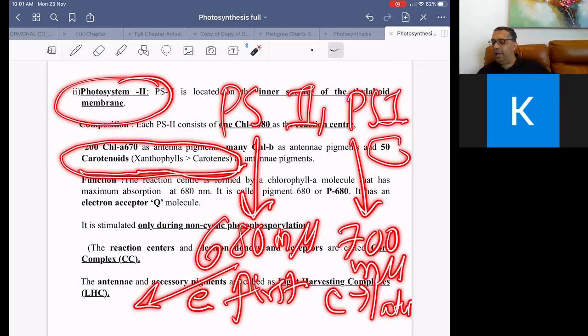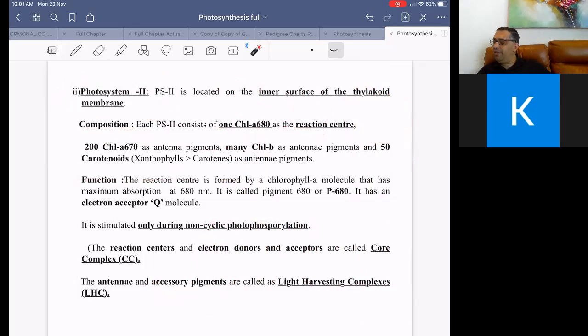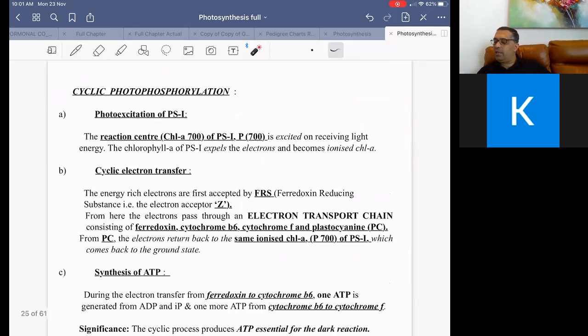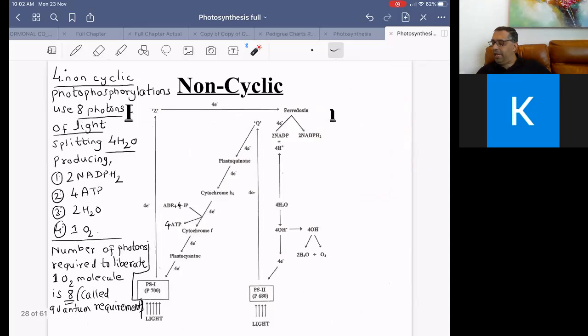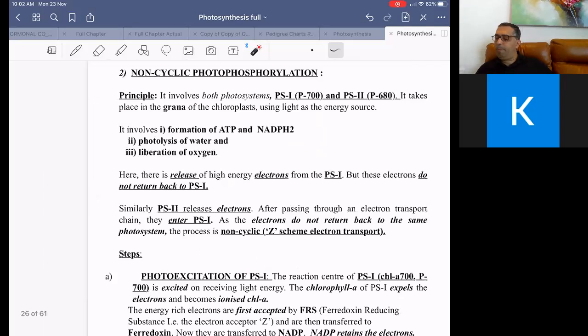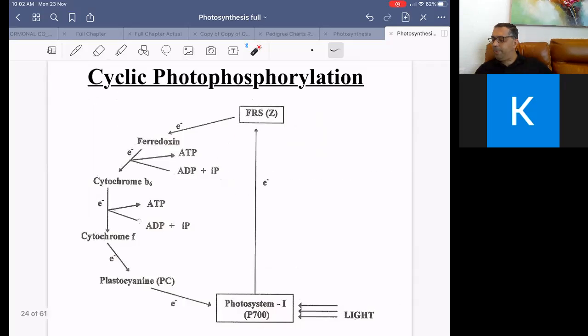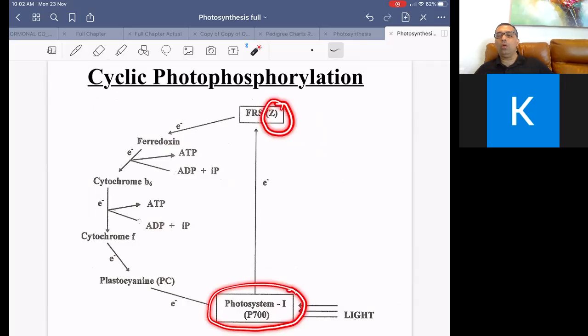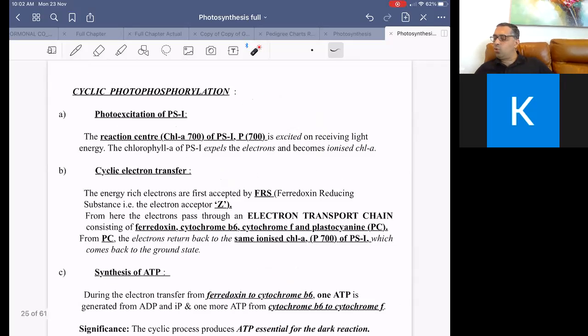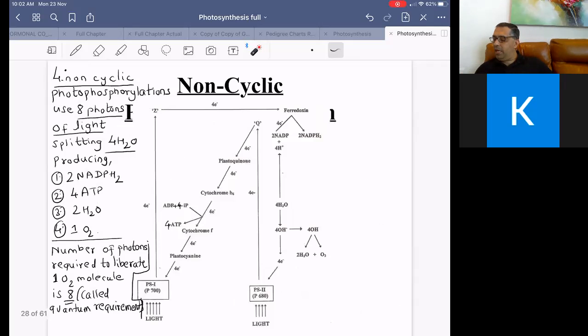By the way, we forgot: PS2 has an electron acceptor called the Q molecule. So what was the electron acceptor of PS1? The electron acceptor of PS1 was the Z molecule, and the electron acceptor of PS2 is the Q molecule.